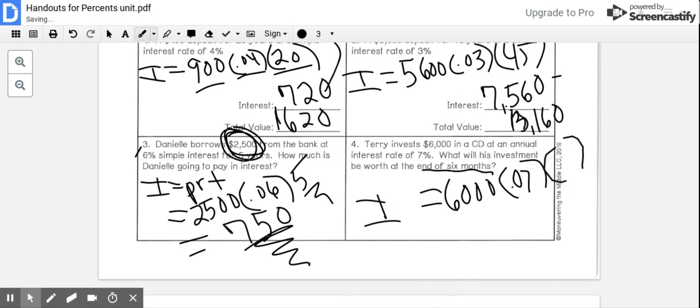So we have to times this by either 0.5 or 1/2. Or you could do 6 over 12, 6 out of 12 months. So you're going to multiply this, this, and this together. And then what are you going to do with that to get what it's worth at the end of 6 months? I'll be looking for that answer tomorrow.